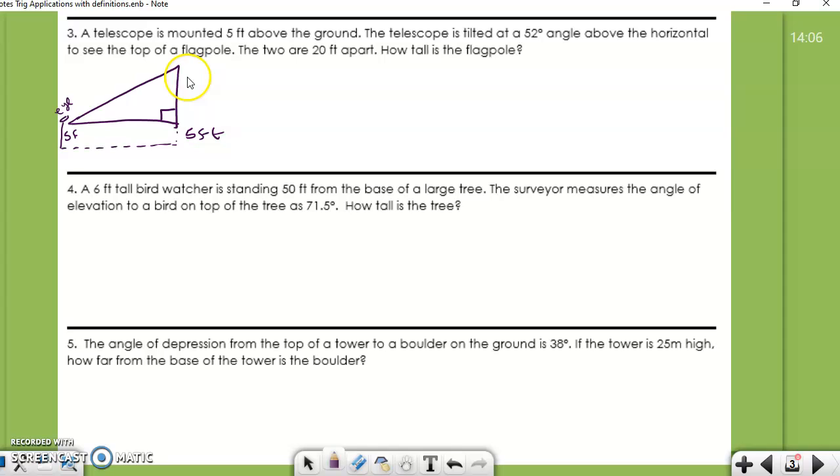Now, it says that I'm looking for the height of the flagpole. So this would be the x plus 5. It's going to be the full height of the flagpole. There's my flag flying up to the top here. It goes all the way down. Okay, and the two are 20 feet apart. So I know this ground distance is 20 feet.